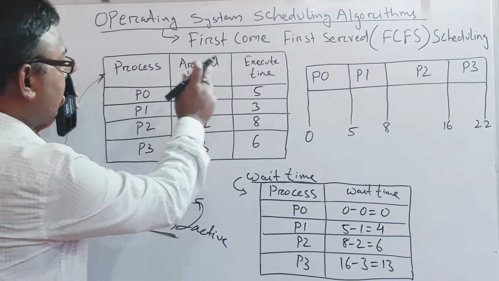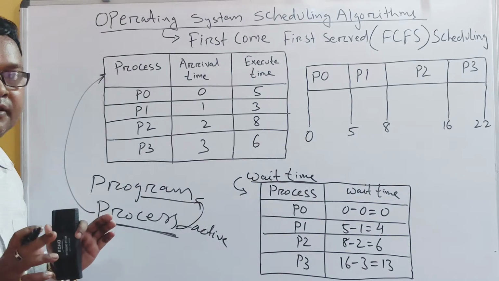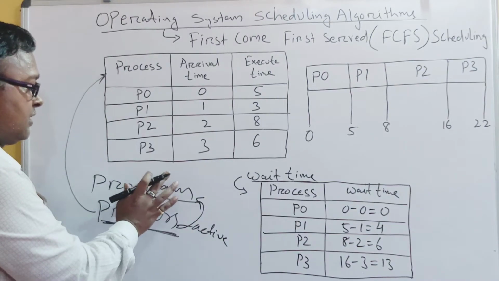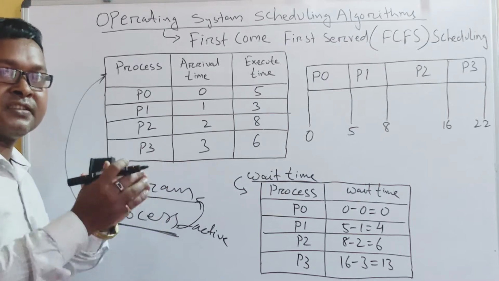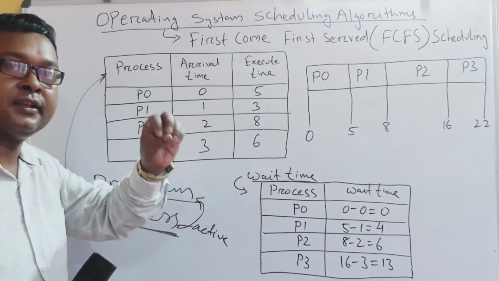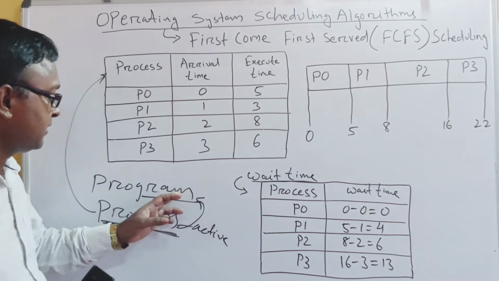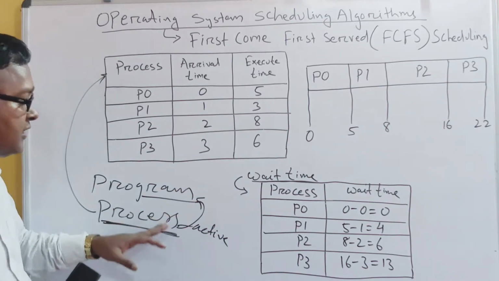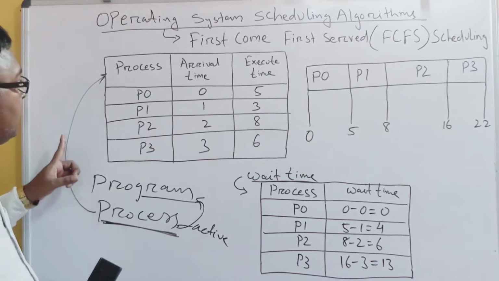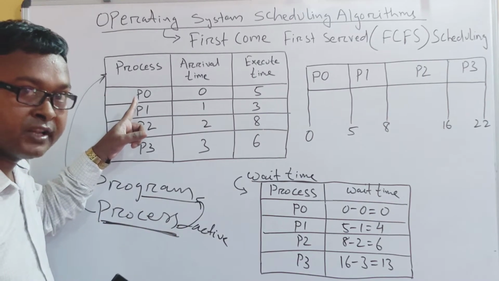So see, I have taken a small example over here. The operating system has taken the program which was sitting in the hard disk in a passive state, converted it and loaded it into the primary memory.